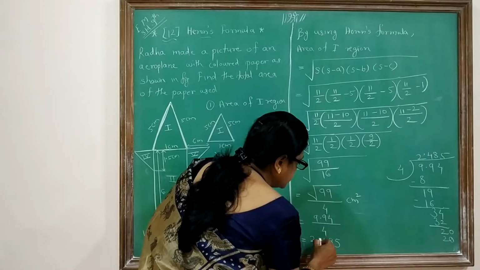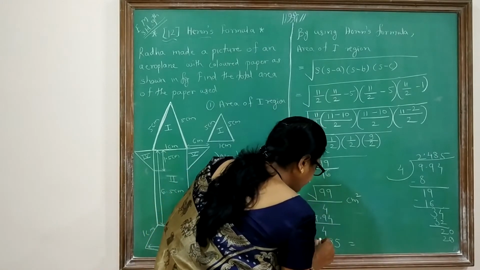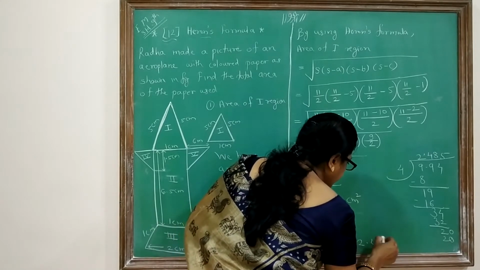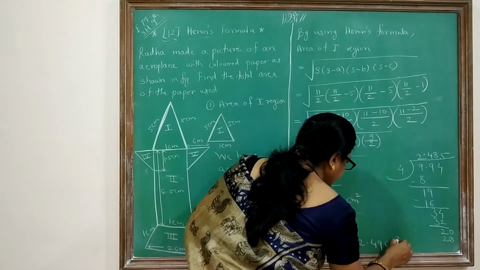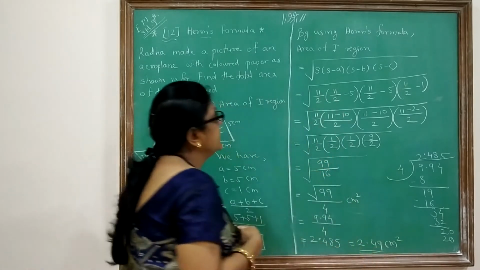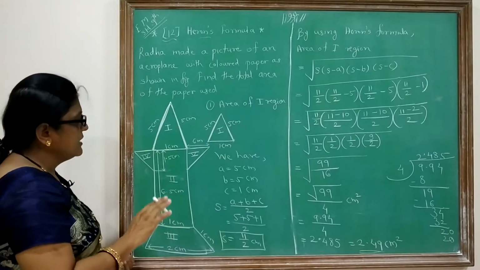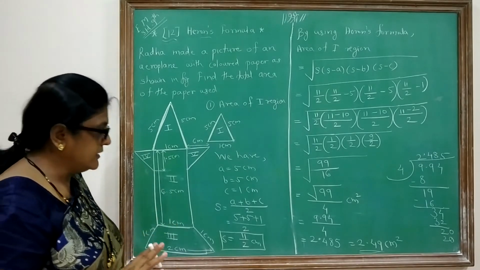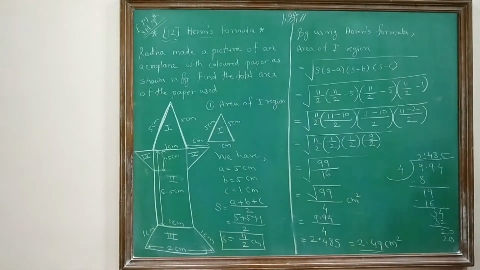2.485, means you are nearly about 2.49 centimeter square. This is the area of the first region, means the area of the first region is 2.49 centimeter square. Then see the second region.